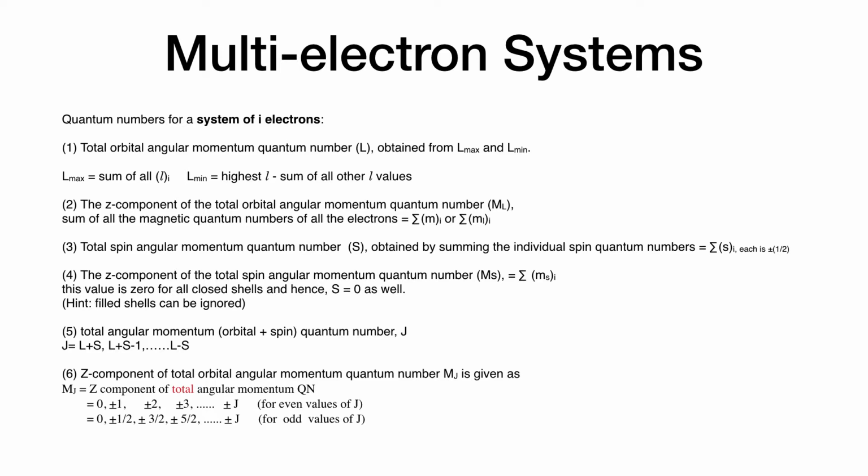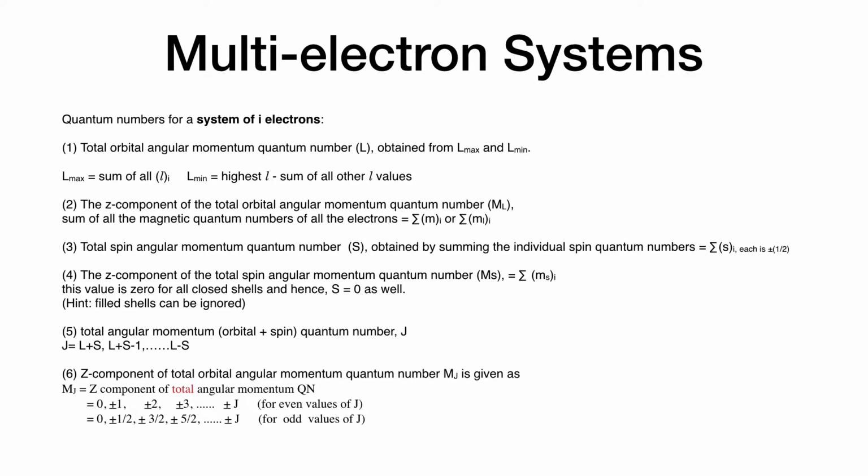So all these different states are where the spin angular momentum and the orbital angular momentum total values are coupled. And this is why the system gets complicated when you have more than one electron in the system. So J is defined that way.